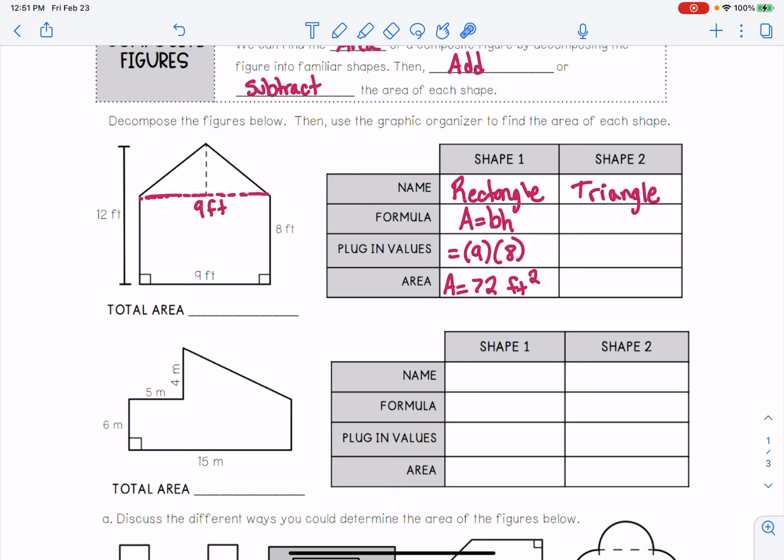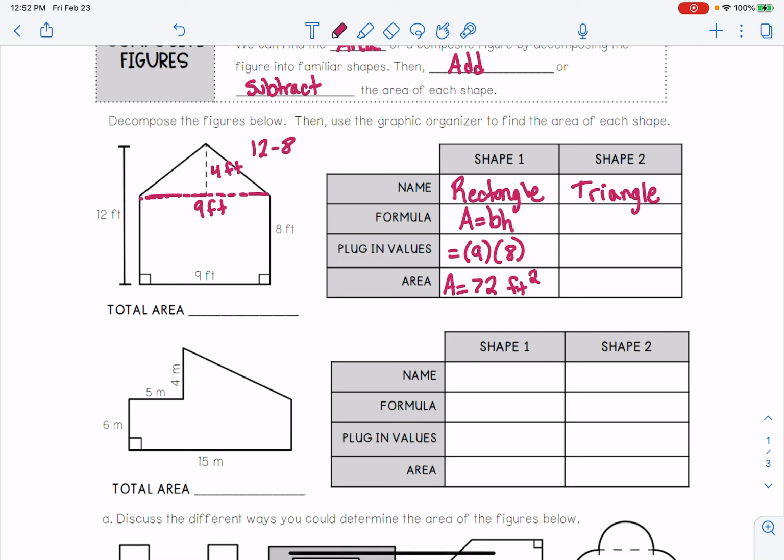And the height of our triangle, when you combine the height of the triangle with the height of the rectangle, you get this combined distance of 12. So in order to find the height of just the triangle, let's subtract 12 minus 8. So the height of the triangle is 4 feet.